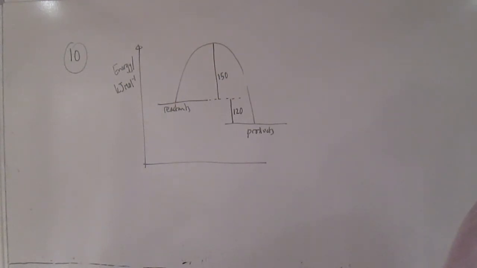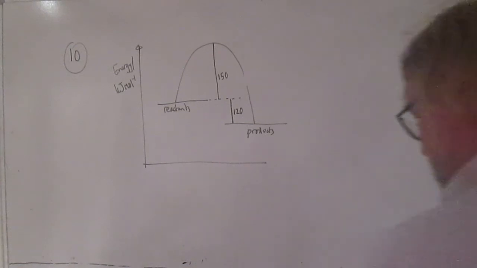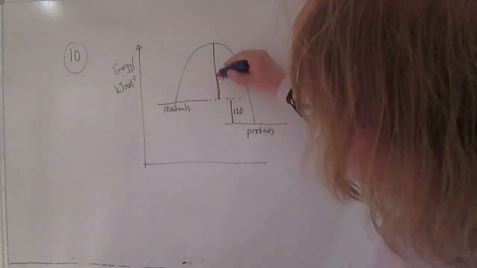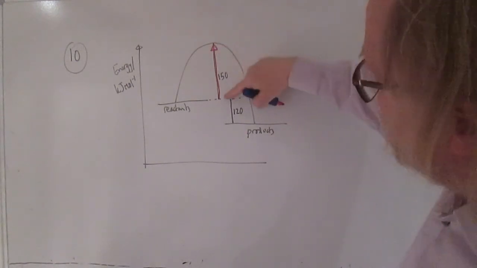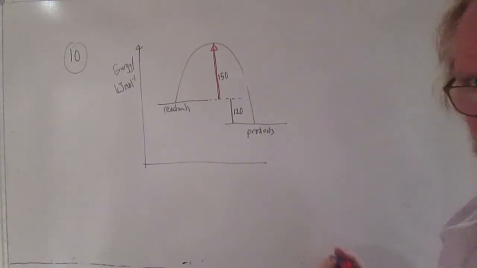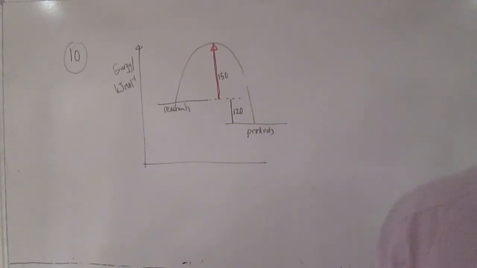It wants to know. First of all, is the activation energy of the forward reaction 120 kilojoules per mole? Well, the answer is no, because the activation energy for the forward reaction is that, going from your starting state to the top of the hill, so it's plus 150. So A is not correct. Second one is the activation energy of the reverse reaction plus 270.